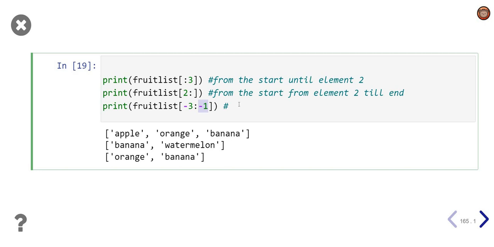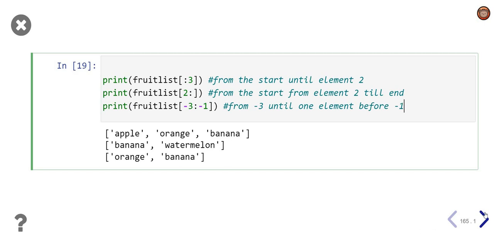So orange and banana. So from -3 until one element before -1. Is that okay?